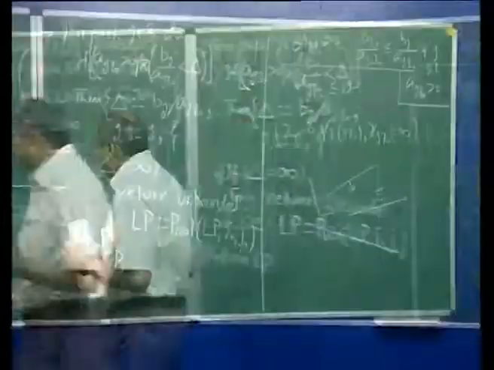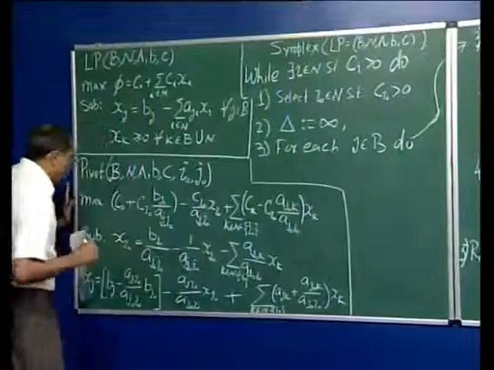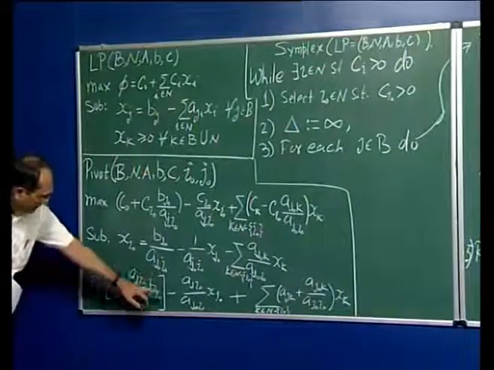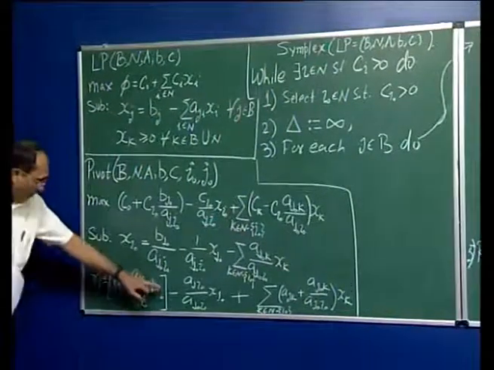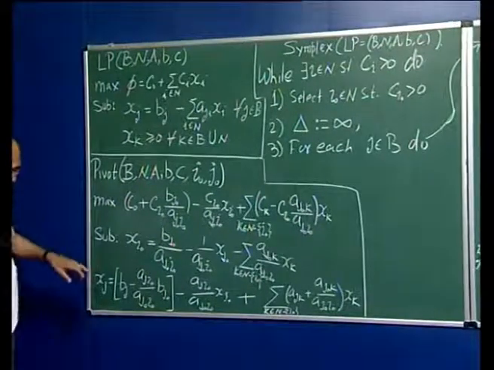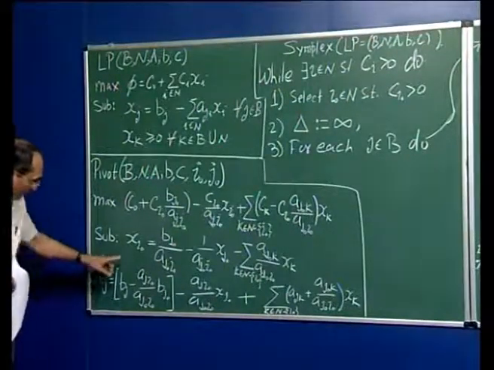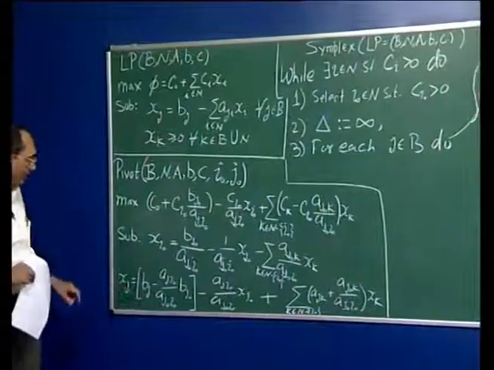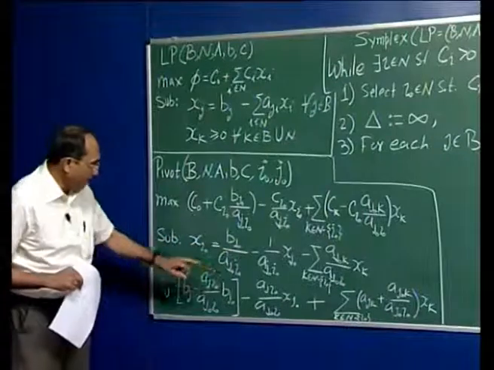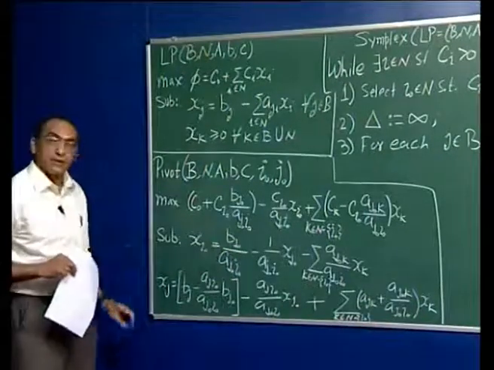Now let's take a look again into this expression. That condition guarantees that these are all non-negative. The last condition of the choice of J naught guarantees that this is non-negative. It also guarantees that this is non-negative.